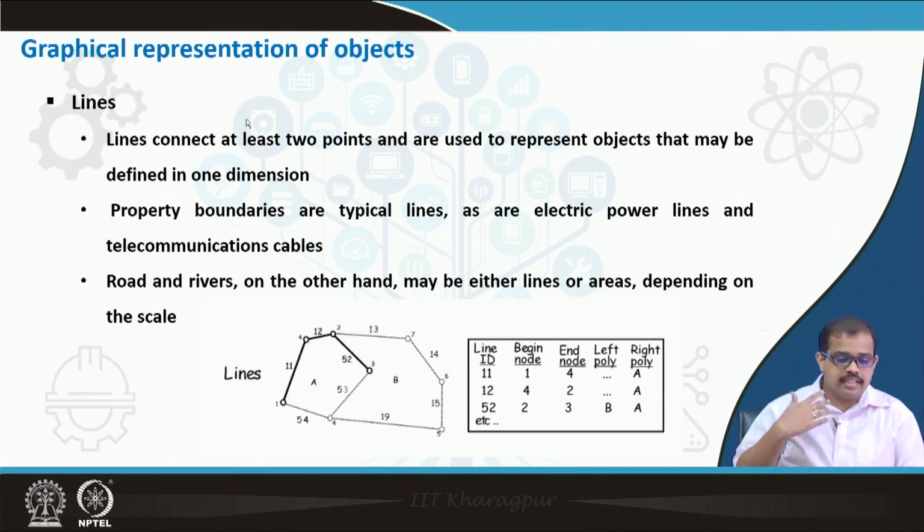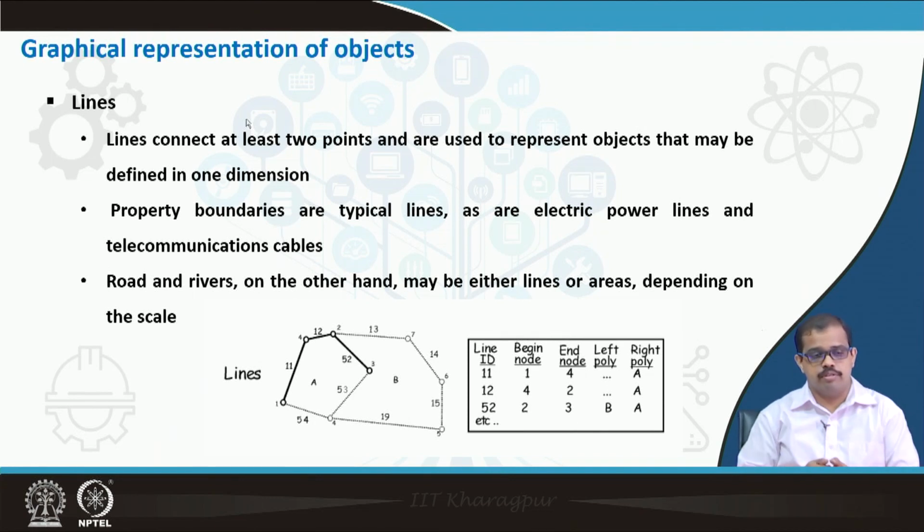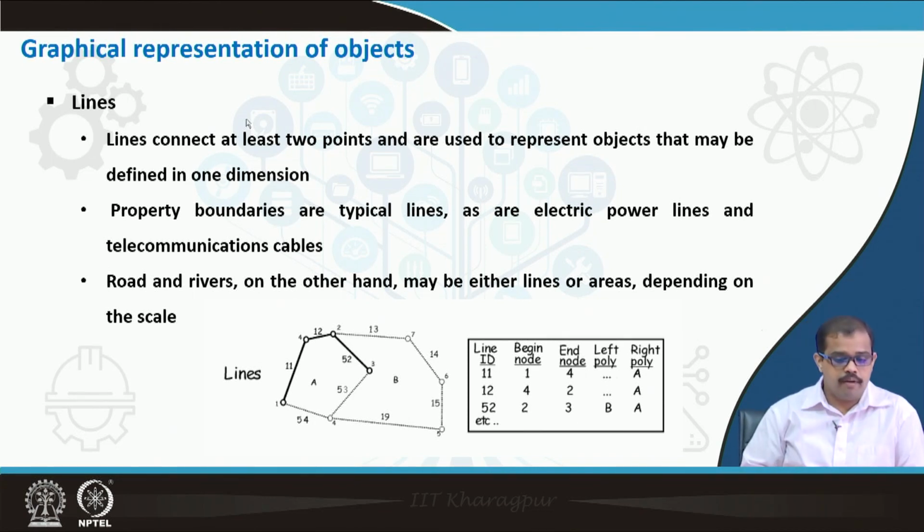When we are looking at lines, they connect at least 2 points. Lines always have 2 points, and are used to represent objects that may be defined in one dimension. I gave an example of your house and your destination that you have to reach, for which you used your Google map. Then you have properties.